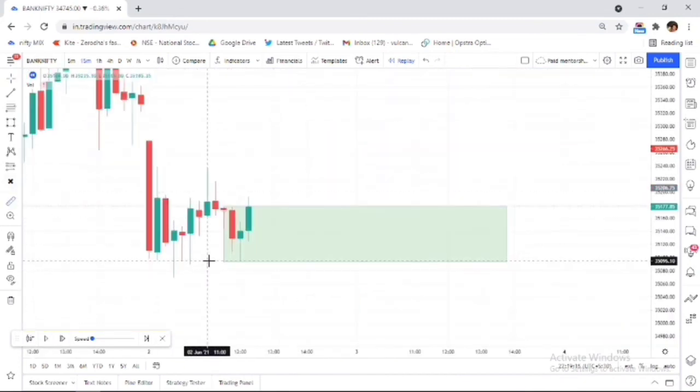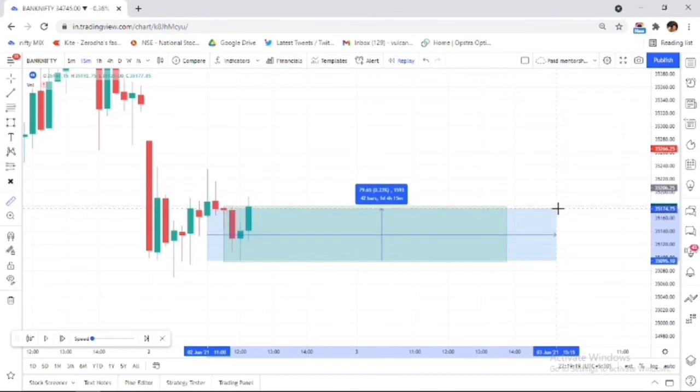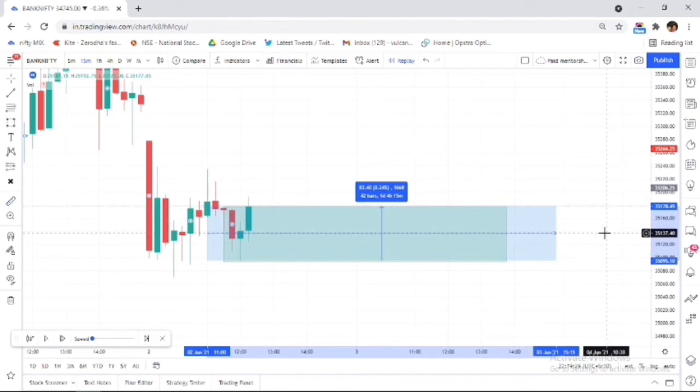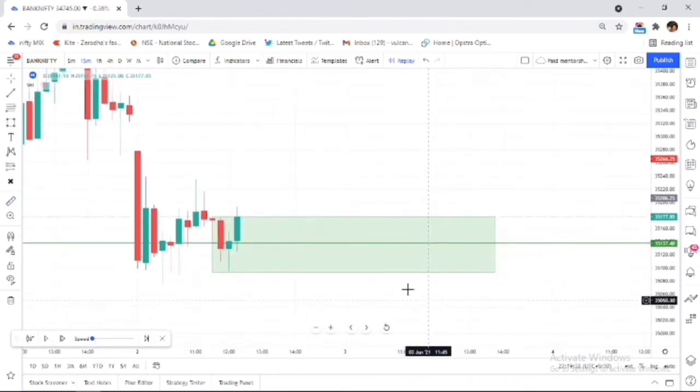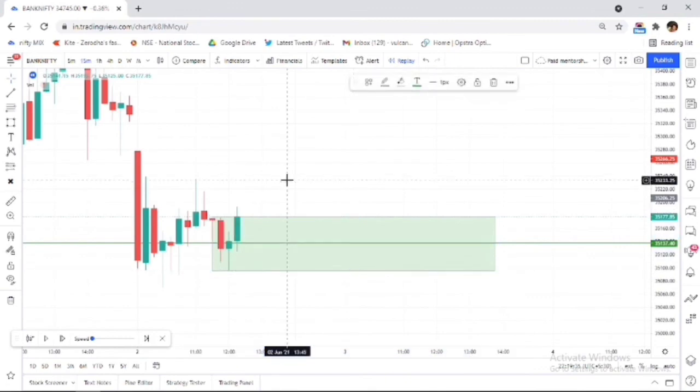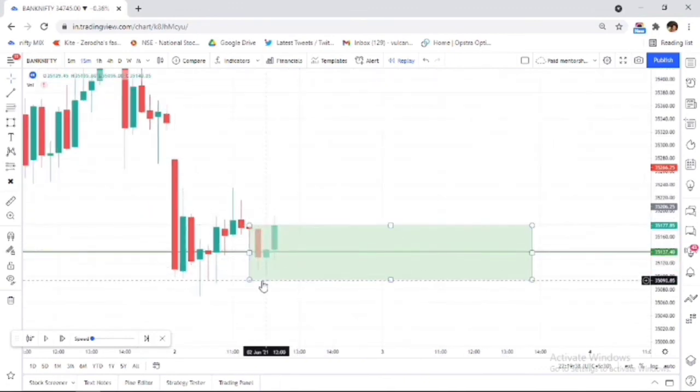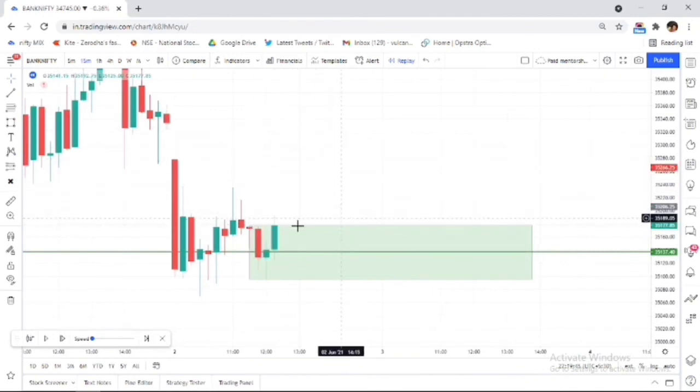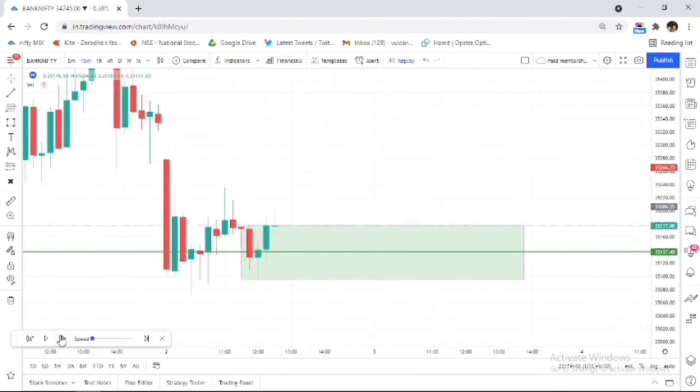This is my order block, and I will divide my order block with the scale and mark my threshold line. This is my threshold line, and I will wait for the market to come back here after leaving my order block, and I will make a bullish entry.